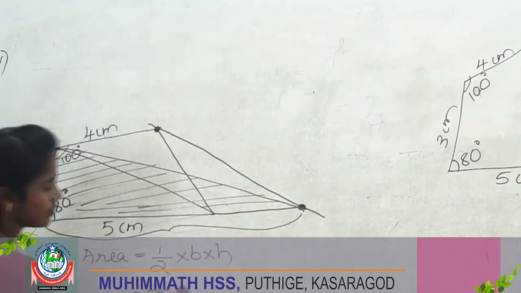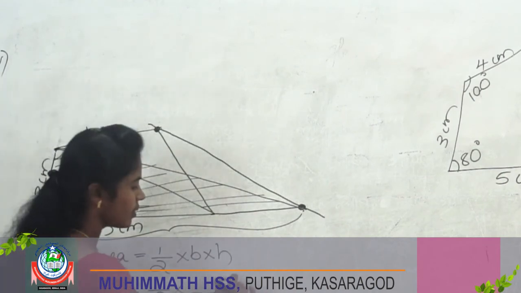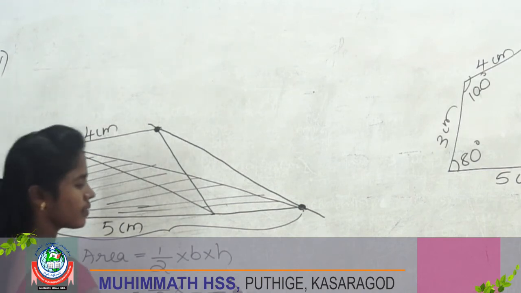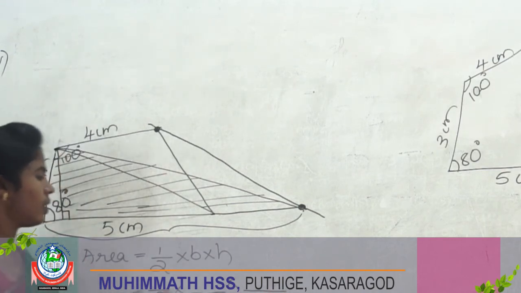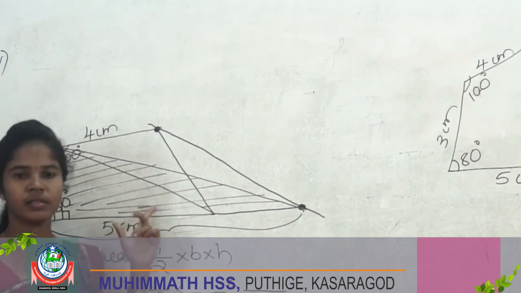And write that length here, base, into height. Which is the height? Height must be perpendicular, and you can draw a perpendicular line here and calculate the height. By using those measurements you should calculate the area of this triangle.